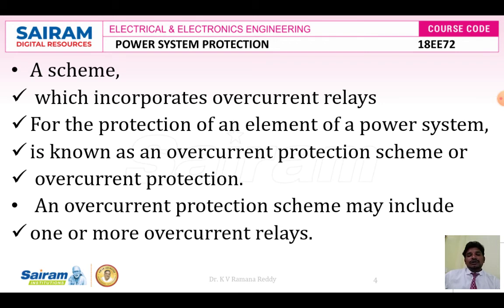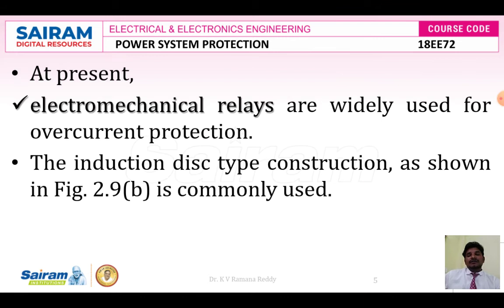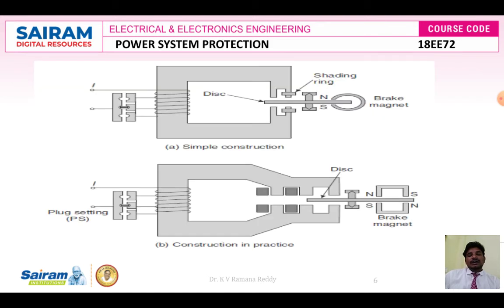So an overcurrent protection scheme may include one or more overcurrent relays, sometimes for better operation. At present, electromechanical relays are widely used for overcurrent protection. Here I am going to show an induction disc type construction, which is commonly used as an electromagnetic relay.